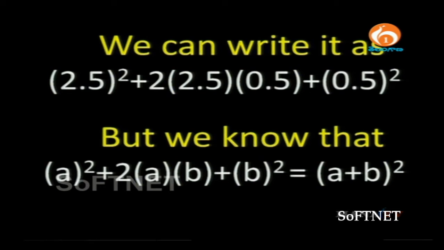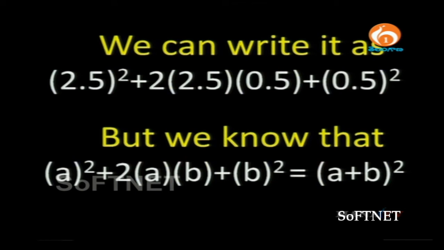Of course, children, till now we are saying every time that a plus b whole square is equal to a square plus 2ab plus b square. But if the equal to sign is there, both are equivalent. So, even we can say that a square plus 2ab plus b square is equal to a plus b whole square. Now, we are using the formula from the other end.